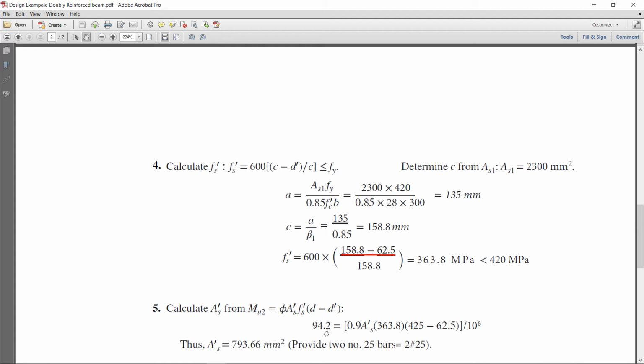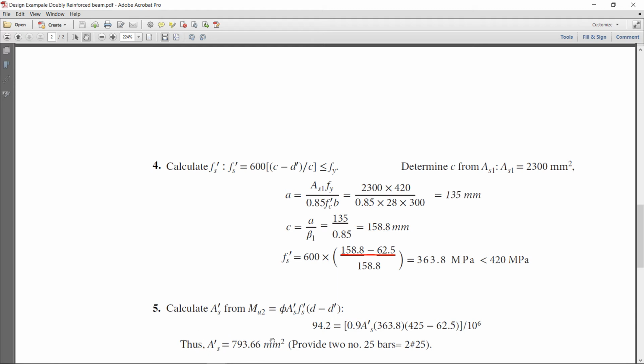Same equation: 94.2 equal to 0.9 As dash 363.8 times 425 minus 62.5, whole divided by 10 power 6. So we got the answer 793.66 millimeters square. You can divide all the parameters by 94.2 and you will get As dash, that is 793.66 millimeters square.